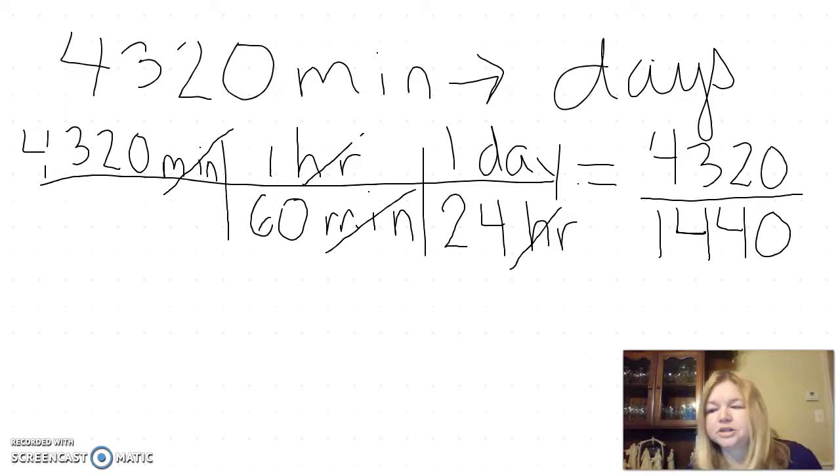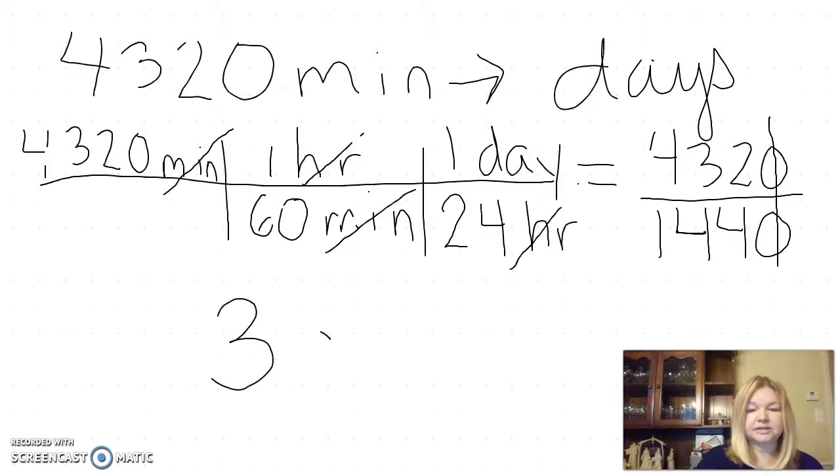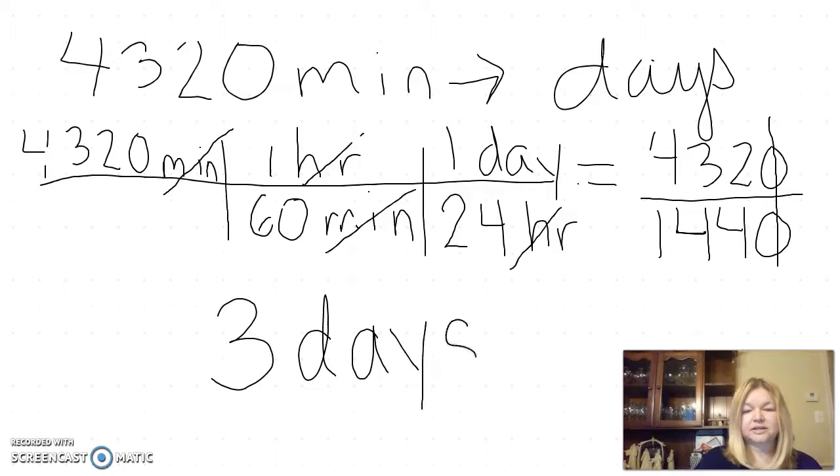I'm pretty sure it was 1,440. And then all you need to do is divide 4,320 by 1,440. And we can just do this, by the way, guys. That makes it a little bit easier. Cancel off those zeros. And if you divide, you're going to get 3 days. So what that tells us then is that 4,320 minutes is equivalent to 3 days.